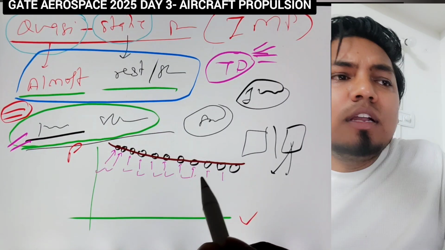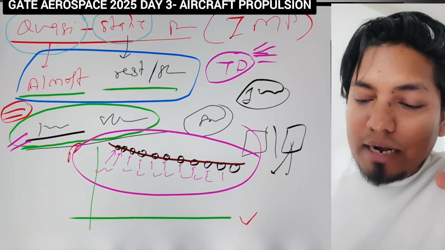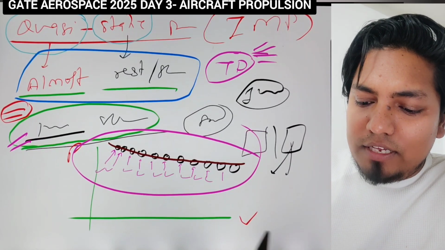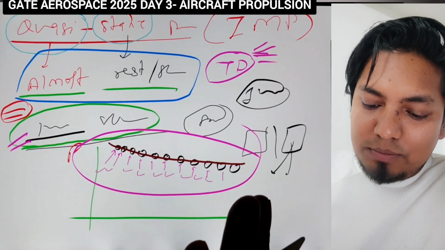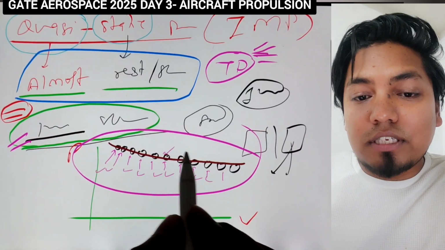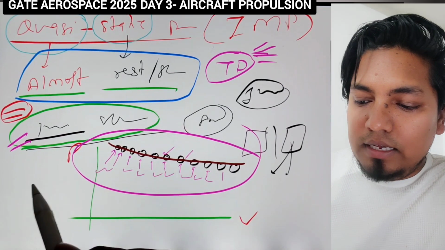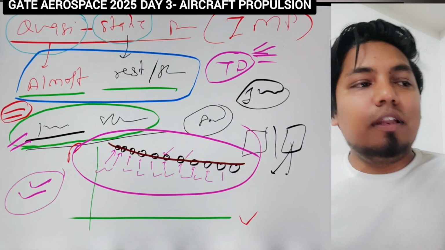So a quasi-static process is a thermodynamic process that proceeds very slowly, infinitesimally slowly, so that every state is in thermodynamic equilibrium. This process is also known as a reversible process. What do you mean by reversible process? I will explain very soon.